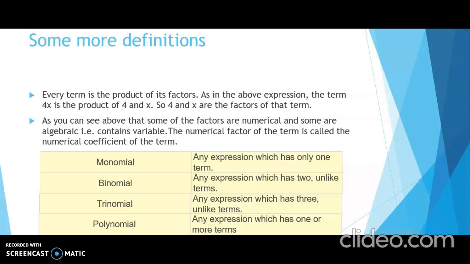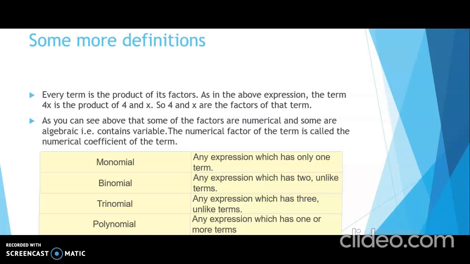Now here you can tell me, what is mentioned here, that the numerical factor of that particular term. Now 4x. In 4x the numerical factor is what? 4 and x is the variable. So that particular 4 is the numerical coefficient of the term.